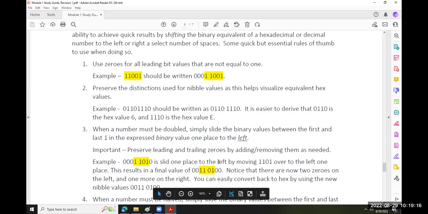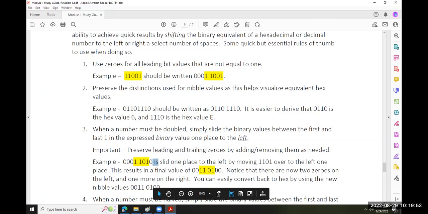So if we shift one place to the left, if we take this string of numbers, 1101, and we move it so that the 1 starts here, we still have 1101, but this nibble and this nibble, remember a nibble is part of a byte, this becomes 0011, and this becomes 0100, right? So there's a second 0 formed when you slide 1 to the left.